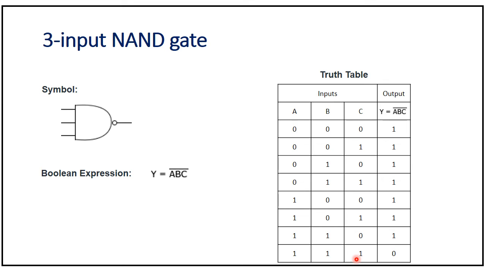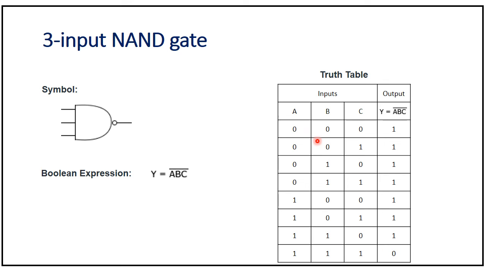In the case of AND, the output was 1 only when all inputs were 1. So here it is the inverse of AND. If all inputs are 1, in this case the output will be 0.